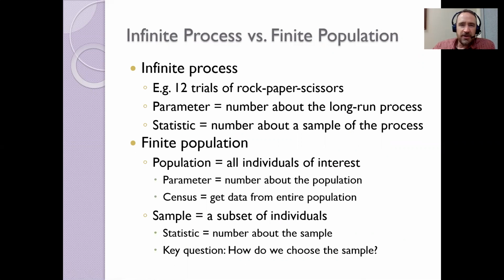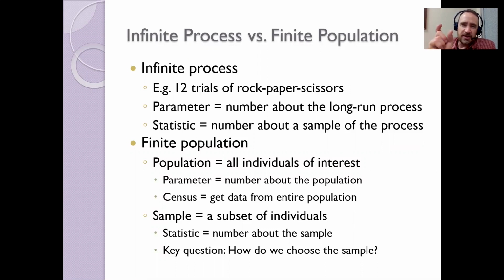We have talked about infinite processes a little bit, or what we could consider to be an infinite process. For example, we talked about teaching someone to play rock, paper, scissors, and then giving them 12 trials and seeing how they do. We call that an infinite process because we could theoretically at least keep playing rock, paper, and scissors forever.